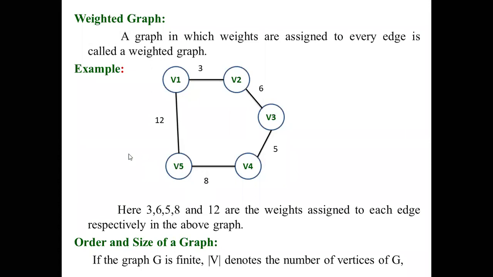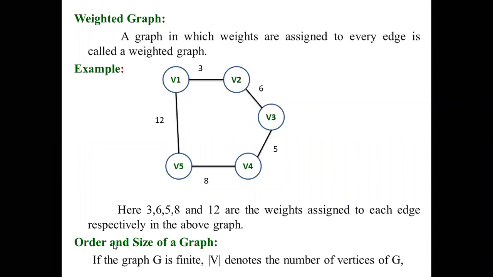And V5 to V1, the edge weight is 12. So 3, 6, 5, 8, 12 are the weights assigned to each edge respectively in the above graph. This type of graph is called a weighted graph.